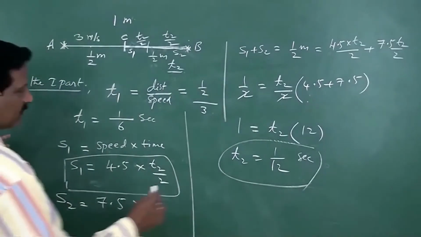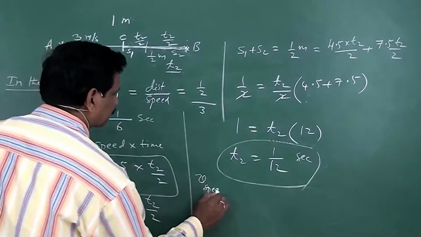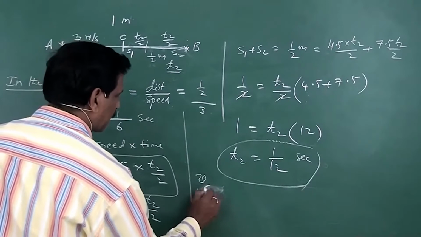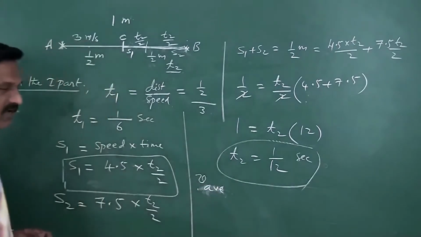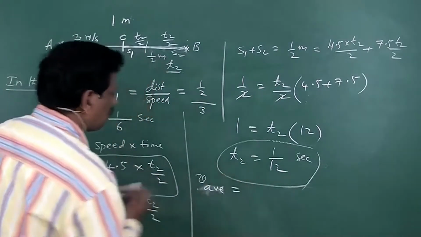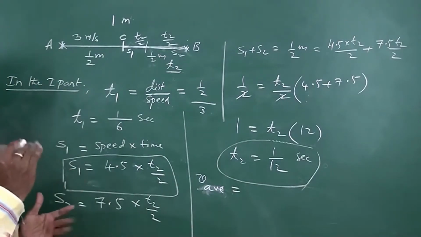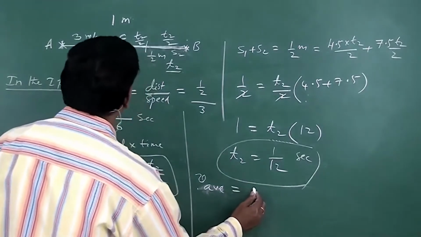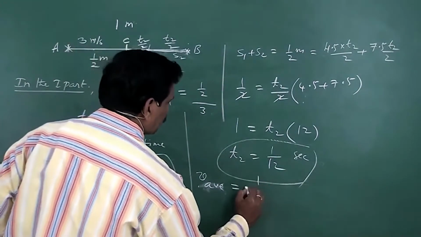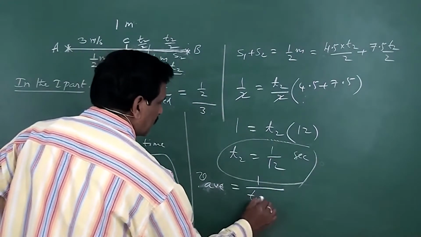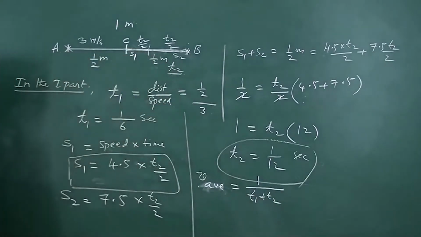Now we have to calculate the average speed. What is average speed? Total distance by total time. Here total distance is 1 meter, which we assumed, and total time is T1 plus T2.